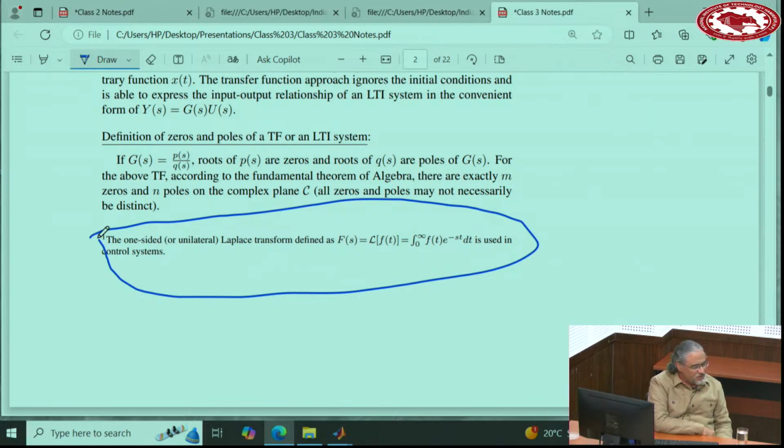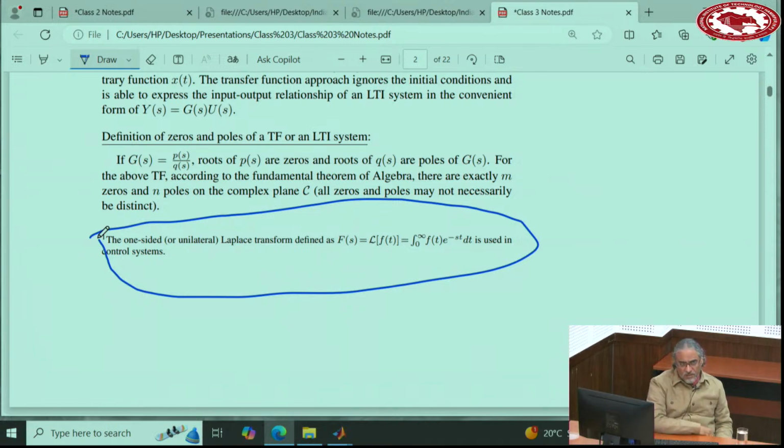For any function f of t, you can convert it to F of s, capital F, by taking this integral from 0 to infinity, f of t times e to the negative st. This is probably the most important transformation that you can see in engineering. It really has many applications in every area. And then Fourier transform can be derived from this one, Z transform from this one, really, if you look into that. So this is the mother of all the other transformations, Laplace transform.